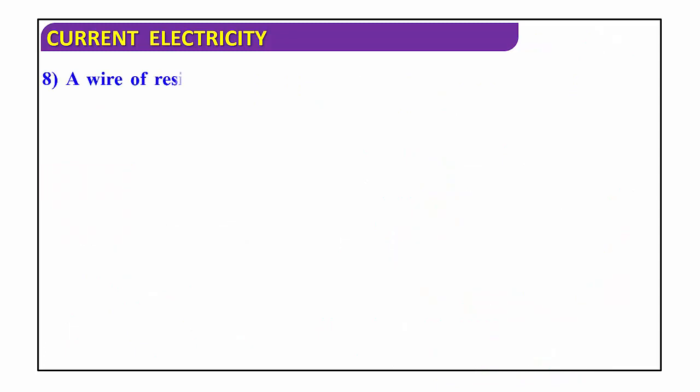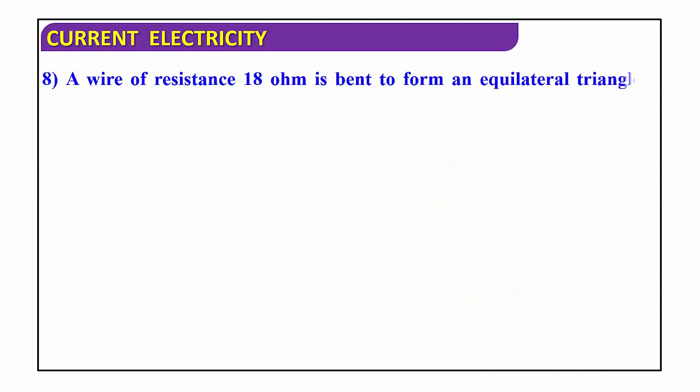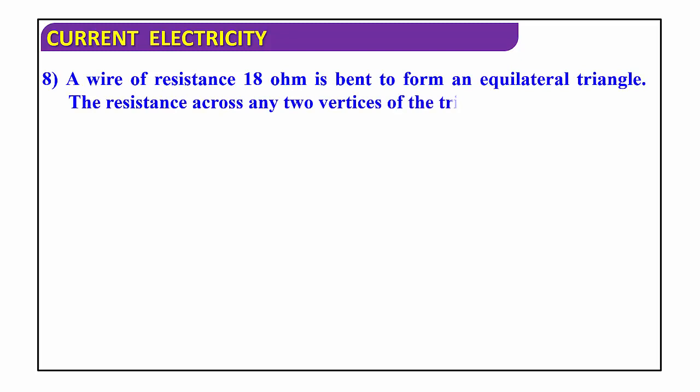Come to the next question. A wire of resistance 18 ohm is bent to form an equilateral triangle. The resistance across any 2 vertices of the triangle is? A wire of resistance 18 ohm they had given and it is bent to form an equilateral triangle.